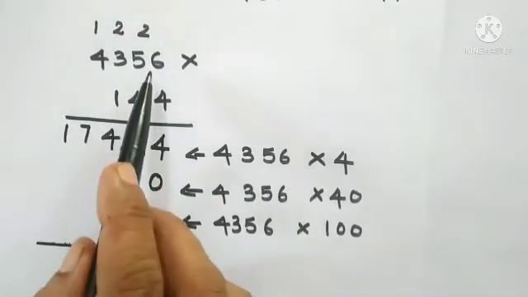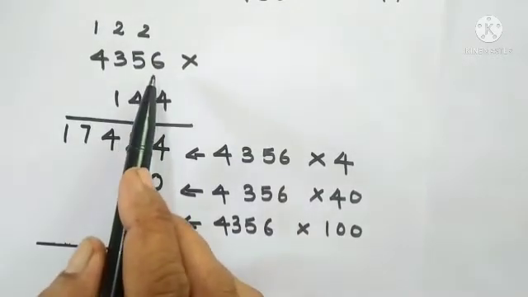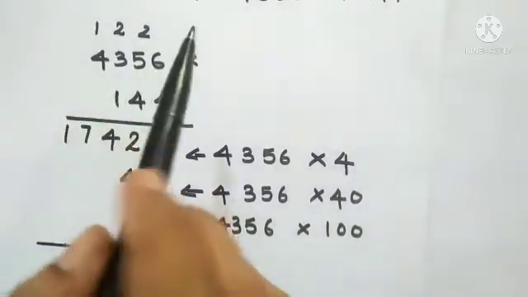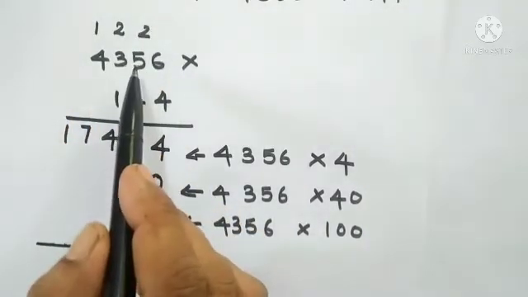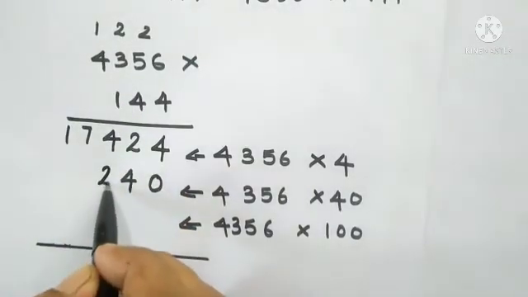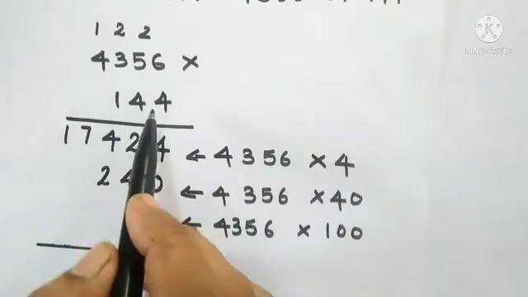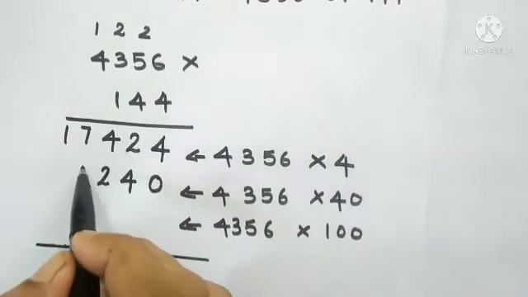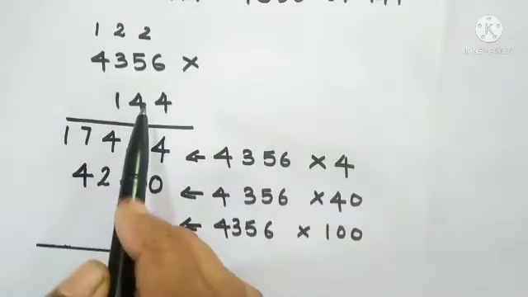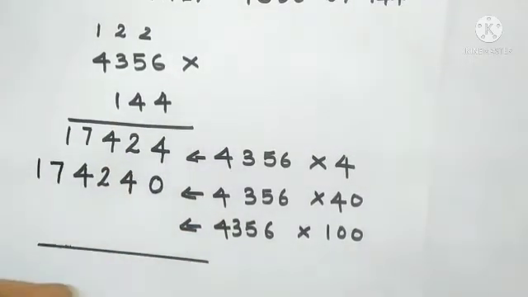Okay. So, we will again multiply with this tens place digit. Again 6 fours are 24, 2 balance, then 5 fours are 20 plus 2, 22, again 2 balance, then 3 fours are 12 plus 2, 14, 1 balance, then 4 fours are 16 plus 1, 17.